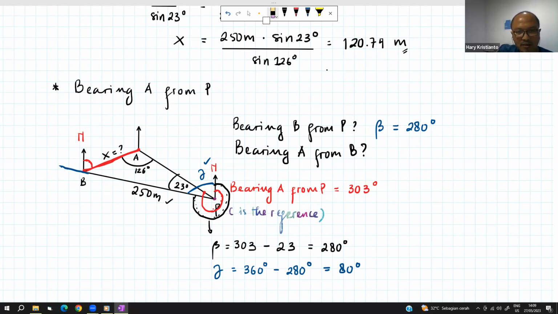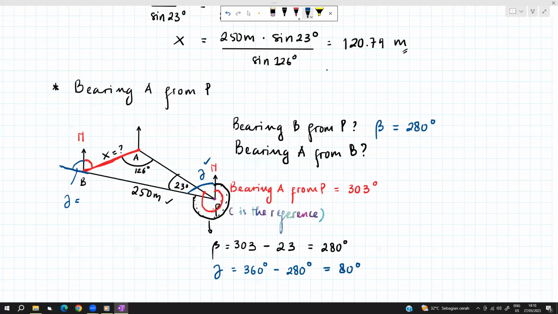Am I right? Yes, sir. So this north to this line has been known, which is gamma. Gamma equals 80 degrees. All right?